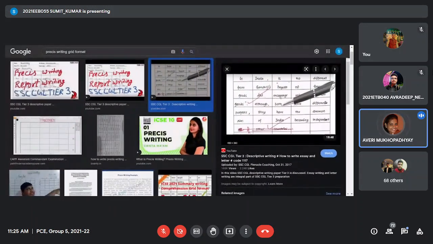Depending on the number of words you will have to write the Pressy in, if it is 200 words, you divide it accordingly into the number of rows and columns. If it is 150, you divide accordingly. That will help you to fit the Pressy in that concise manner.